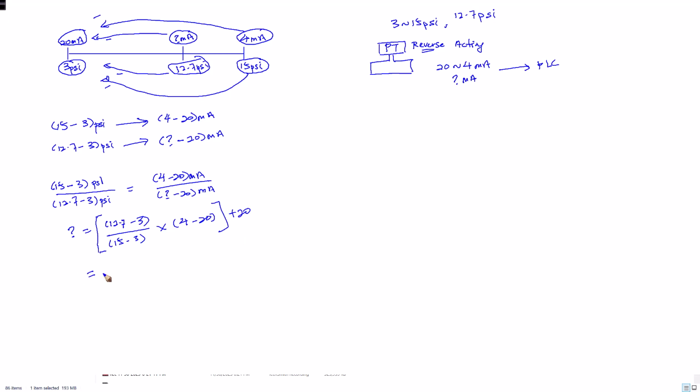So what is the corresponding milliampere? Let me calculate. 7.07 milliampere. Okay, that's it. Thank you.